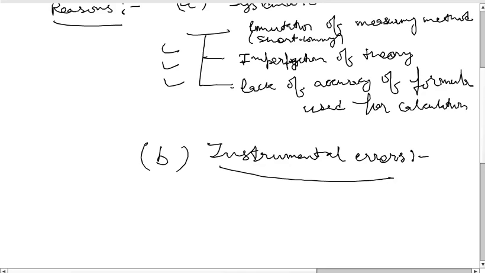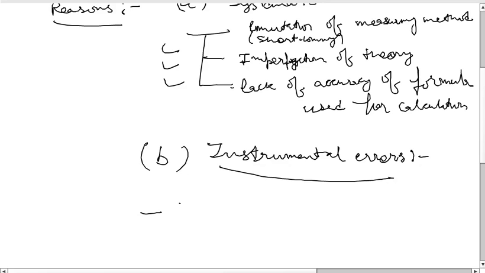So we will never get our readings accurate. Instrumental errors may be due to faulty design of the instrument. For example, in engineering we prefer to order our instruments for experiments from very distinguished companies, not from local companies. Why? Because sometimes the designs are faulty, so we may get some error in the experiment, right?